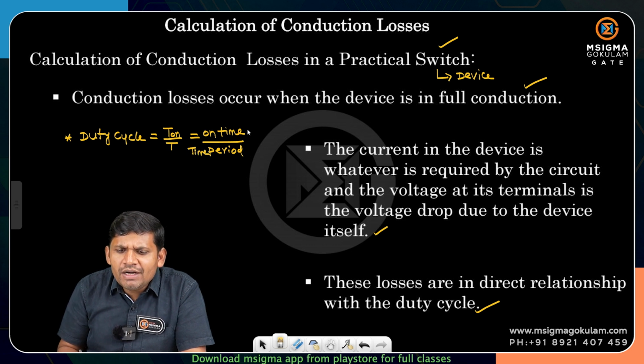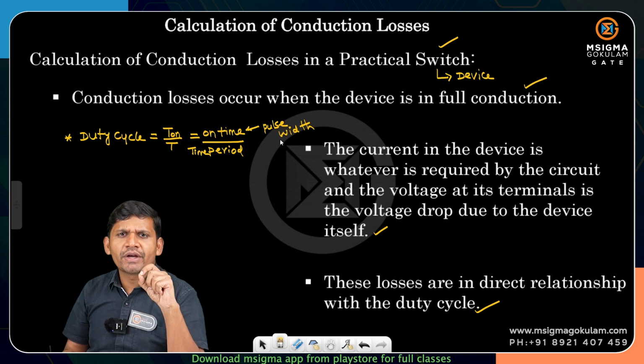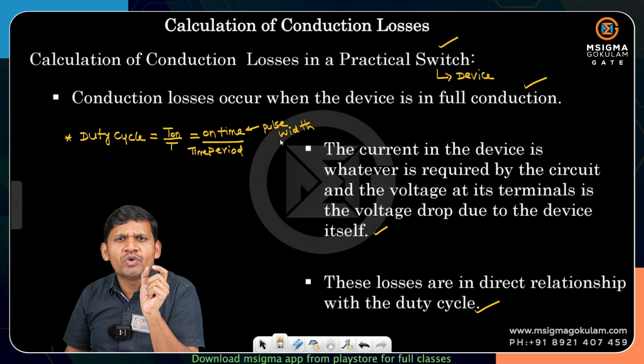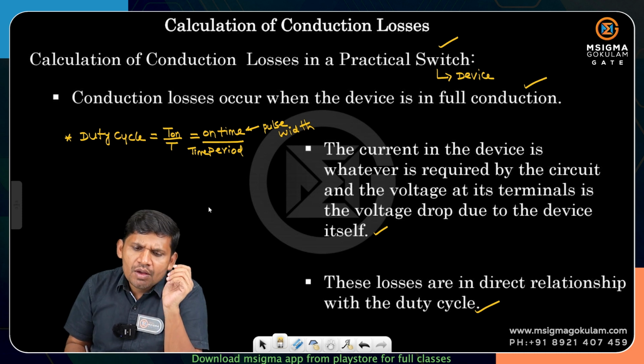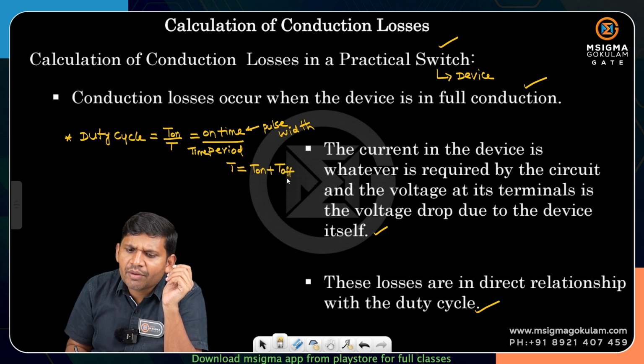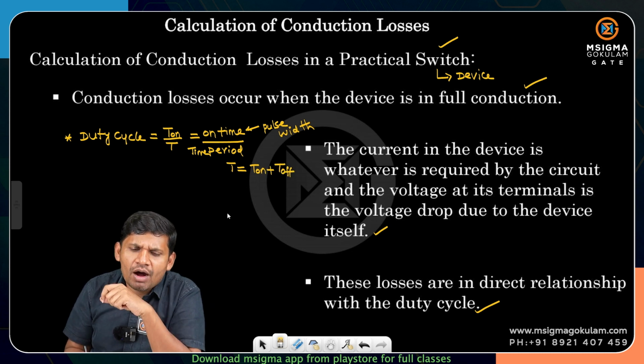This on time is also called pulse width. Time period is different, pulse width is different, students. Very important observation. On time is nothing but the pulse width. Pulse width means you take only the on time. Time period is both on time plus off time. But pulse width is only on time.